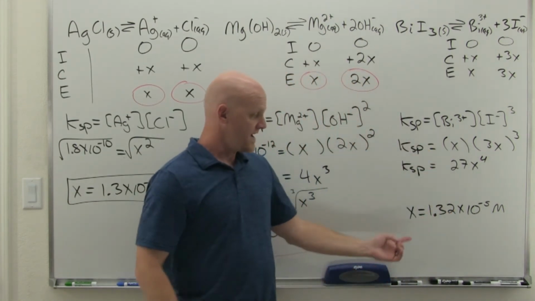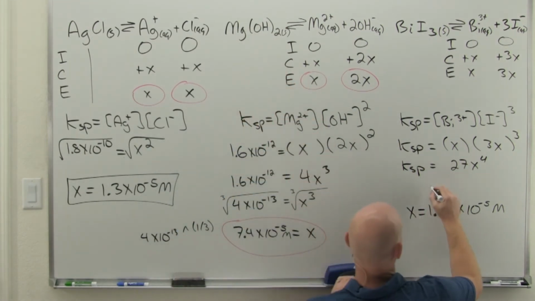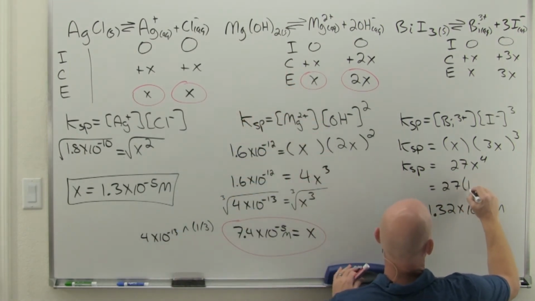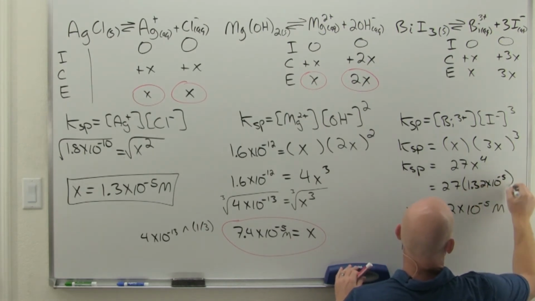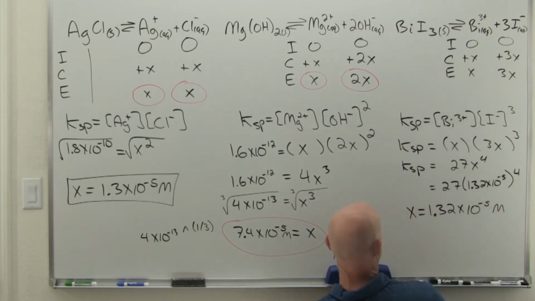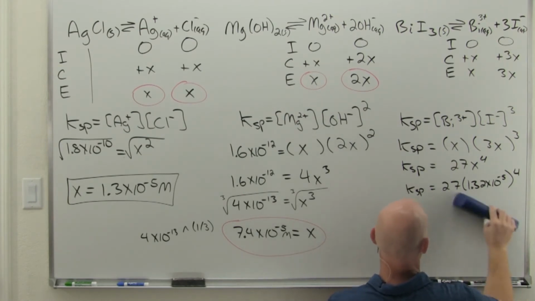Cool. And so the key is they gave us x, so we're just going to substitute it in right there. In this case, we're going to have 27 times 1.32 times 10 to the negative 5 to the 4th power. Now we can solve for our KSP.